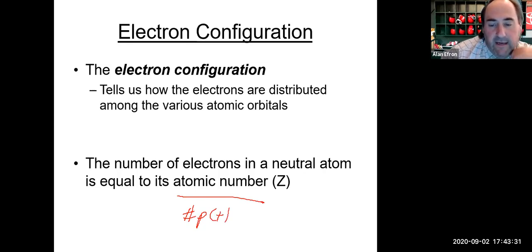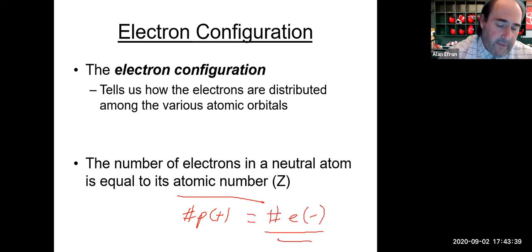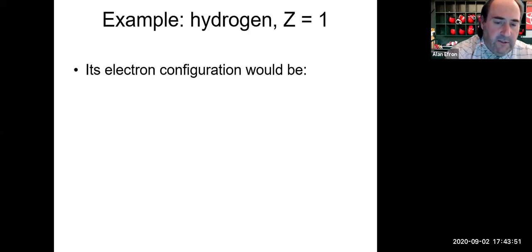And remember that if we are dealing with something that is neutral, it would also equal the number of electrons, which are negative. So if we use the atomic number for a neutral element, the number of protons will equal the number of electrons. So let us talk about how to write electron configuration.